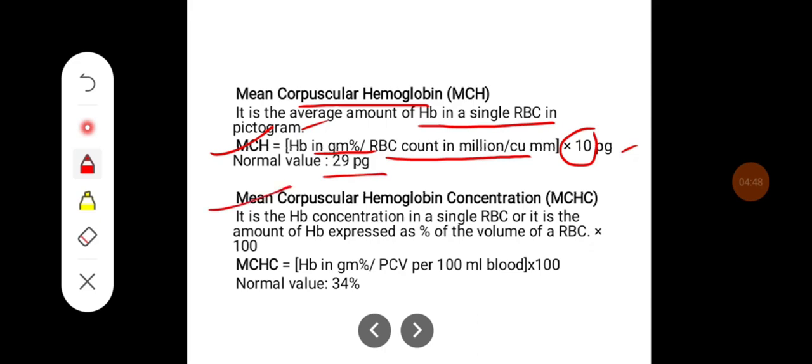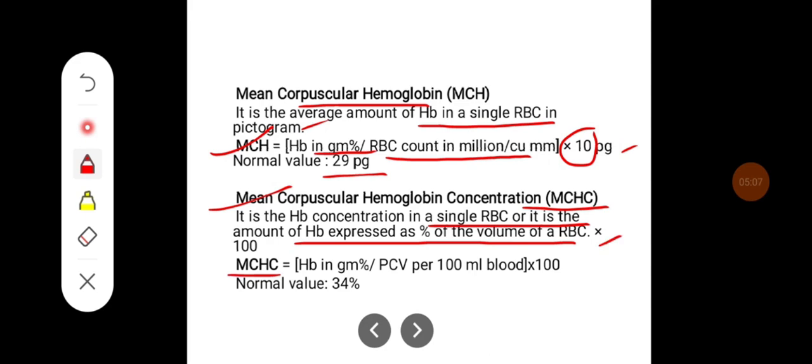The mean corpuscular hemoglobin concentration, that is MCHC, is the hemoglobin concentration in a single RBC, or it is the amount of Hb expressed as a percentage of the volume of RBC, which is eventually multiplied by 100.